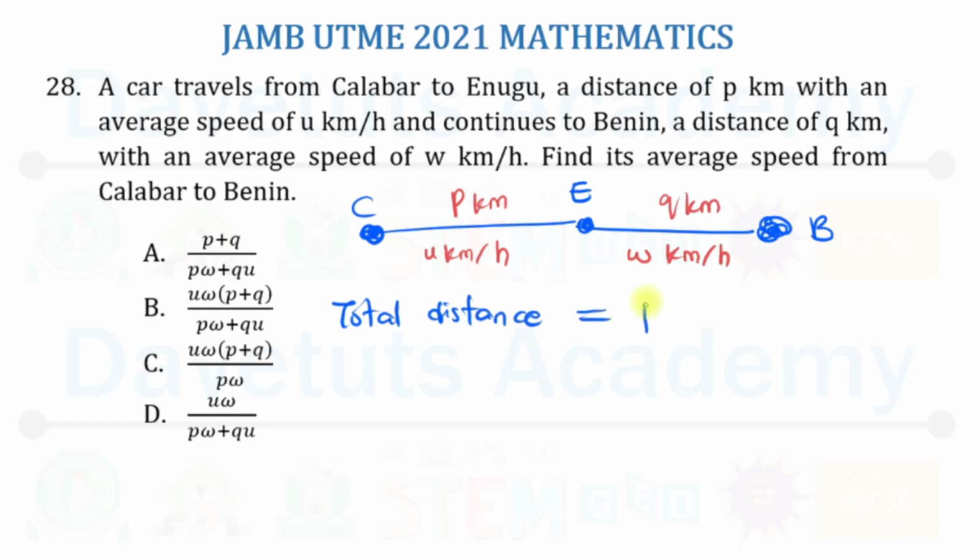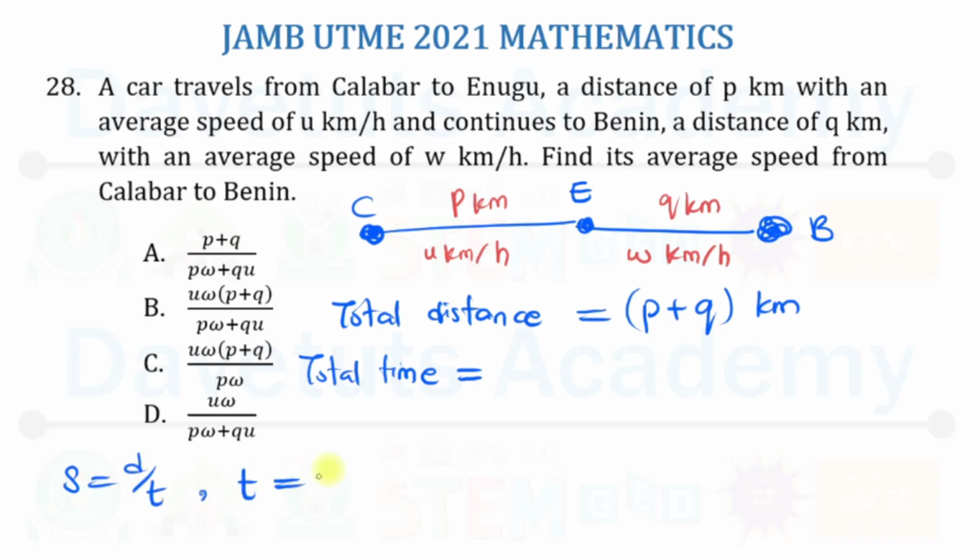So the total distance will be p plus q kilometers. And then we need to find the total time used for the journey. From speed equals distance over time, we can deduce that time is distance over speed.